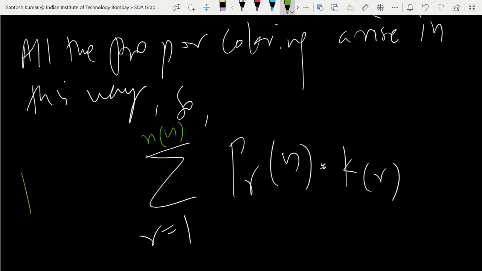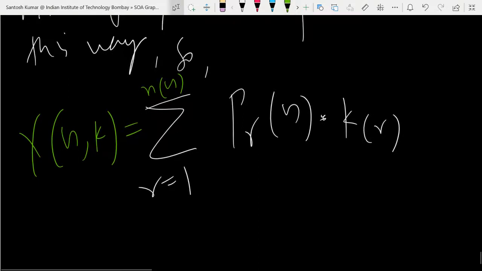Okay. The next thing that remains is to justify that it is a polynomial in K having degree n.